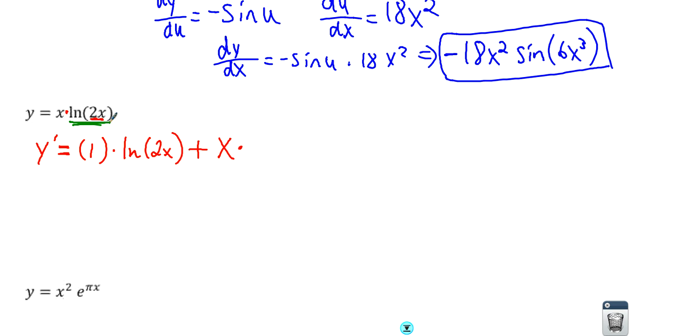So over here, I'm going to write my chain rule. So u equals 2x, because that's the inside, and y equals ln u, like that. Then we take the derivative, so dy over du equals 1 over u, and du over dx equals 2.